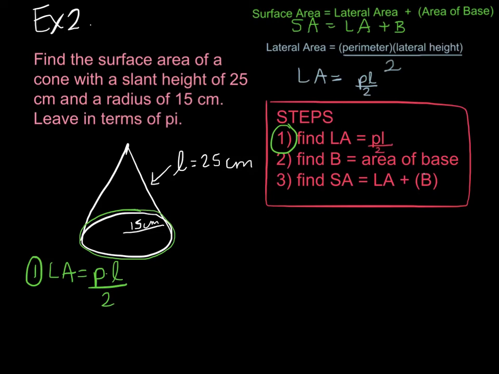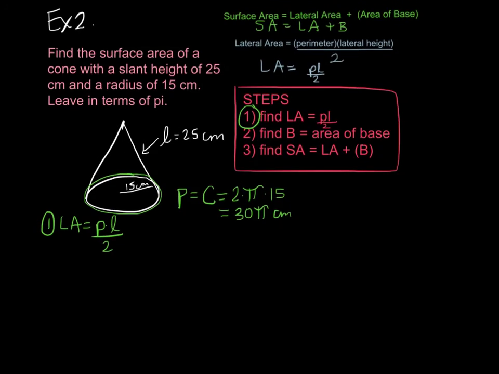So the perimeter happens to be the measurement around a circle. That's a circumference, which is 2 times pi times the radius. Since they told me I can leave it in terms of pi, I just write 30 pi centimeters. So when I plug in my value, I have 30 pi times the lateral height, which, hey, we were lucky.